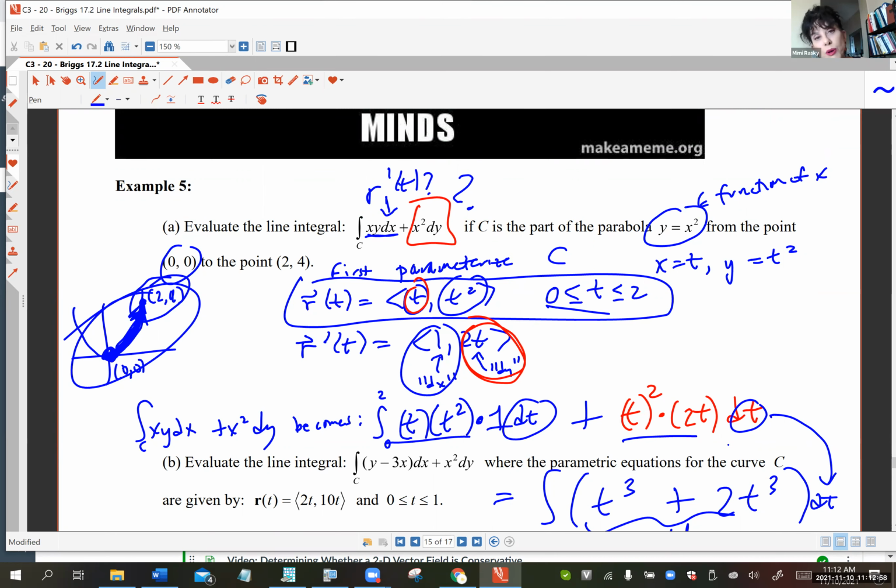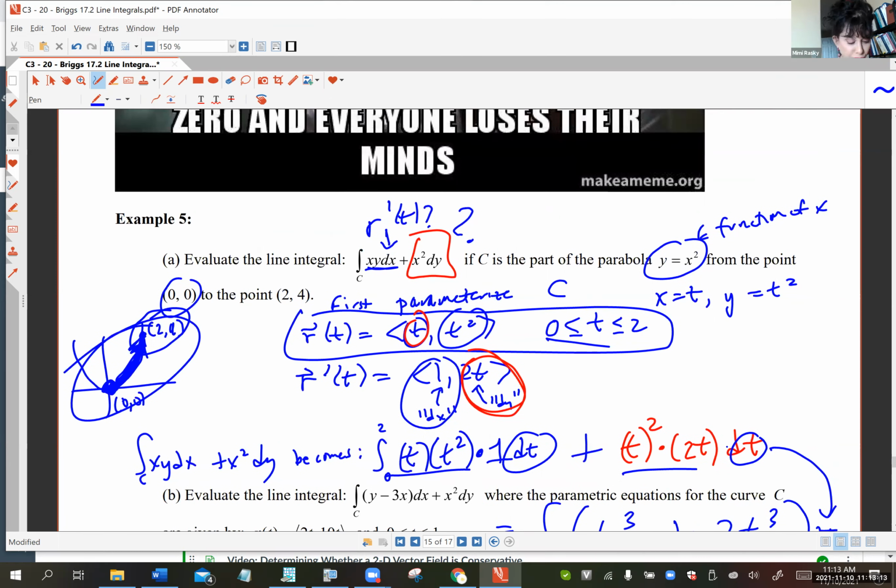So differential form is really a type 2 line integral where somebody already did the dot product for you. And it does still represent work done on an object as it's moving around in some vector field. Where's the vector field? I don't even see the vector field either. That's a good question.